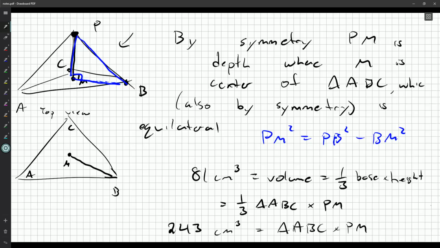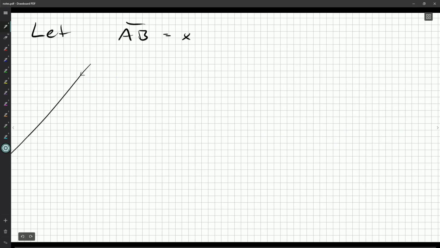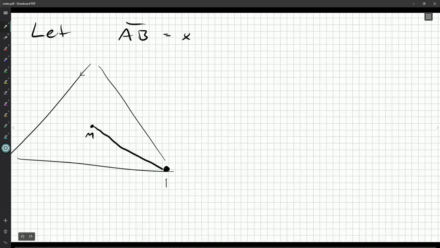Okay. What can we do here? I'm going to say something like, let length AB be X. Okay, M is here. And I can draw better than that, so it's a BM here. So X here, C up here, A down here. It's all the same length.